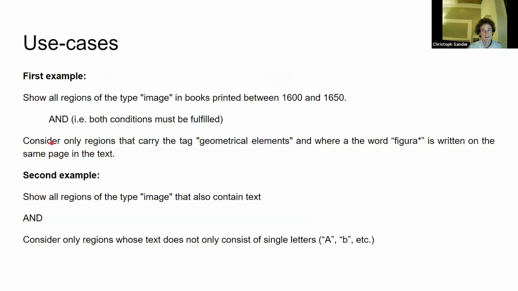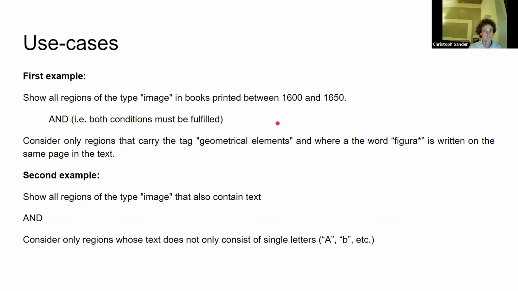And in the end, but this is just an outlook, what I want to do as a scholar with all this information is basically perform search queries. Imagine, for example, I want to see all those regions that are of the type image in books printed between 1600 and 1650. Then let's say there are 2000 images that pop up.